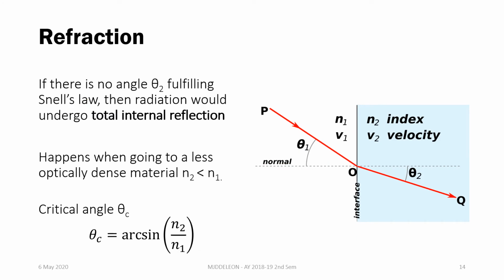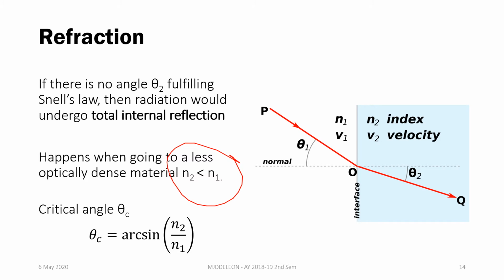So depending on the refractive indices of your materials, there are some cases in which light may pass through or sometimes hindi siya pwede mag-pass through to the next phase. Magkakaroon tayo ng total internal reflection in our material. This happens when N2 is less than N1, or we're going to a less optically dense material.